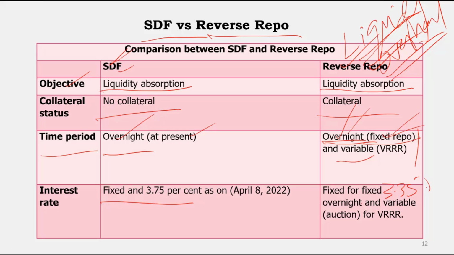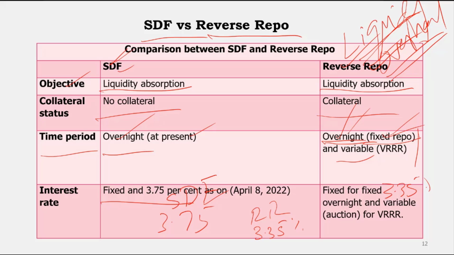Remember, there is an interest rate comparison: 3.75% as on April 8, 2022 for the standing deposit facility. When the banks provide liquidity to the RBI under the standing deposit facility, the interest rate is 3.75%, but when the same bank gives excess funds to the RBI under the reverse repo operation, the interest rate is 3.35%.